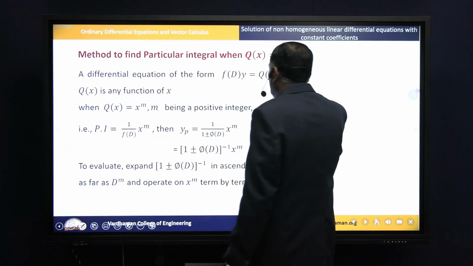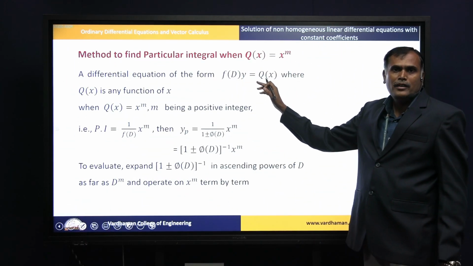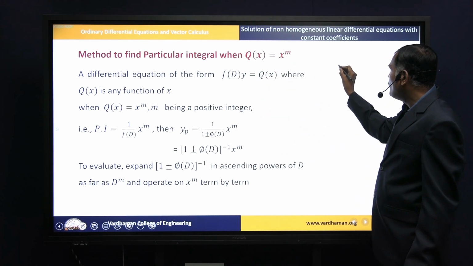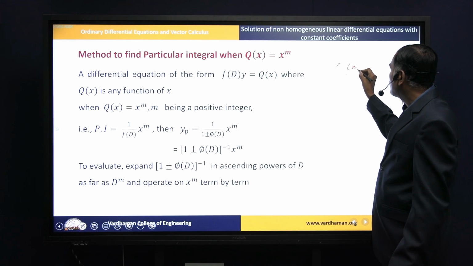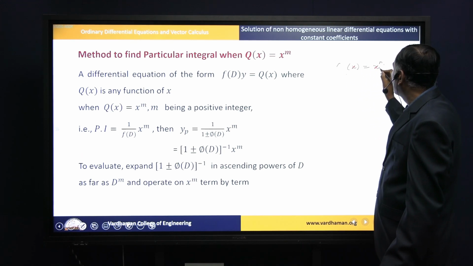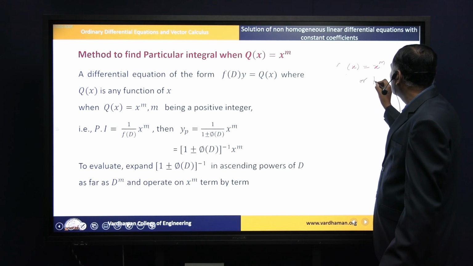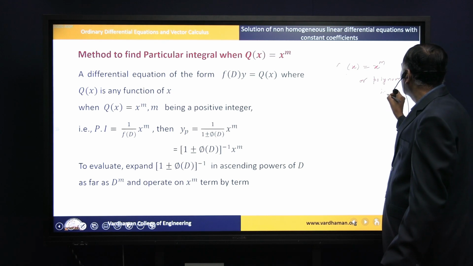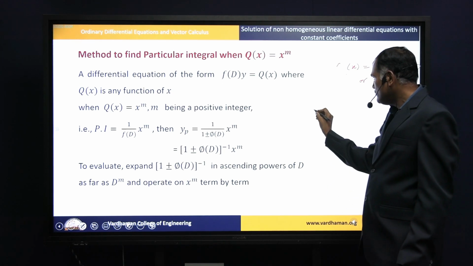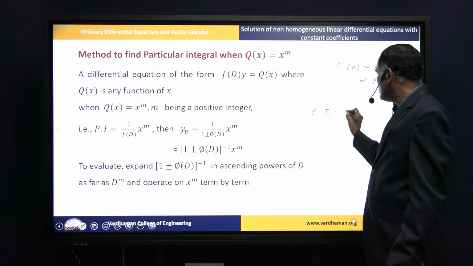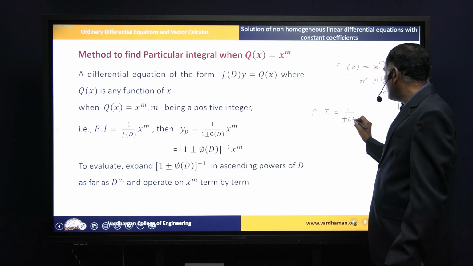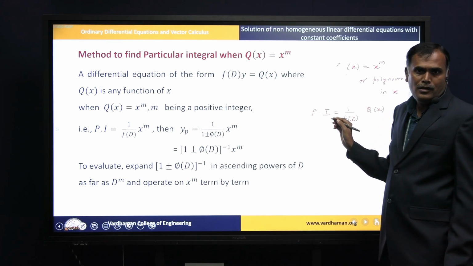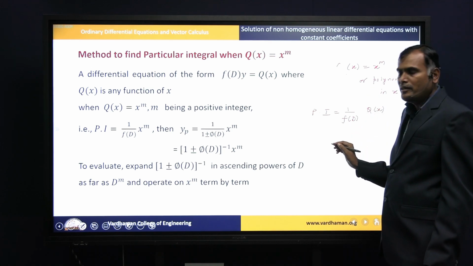When q is x power m or a polynomial in x, the method says that PI is equal to 1 by f of D into q, where q is a polynomial in x, or x power m, m a positive integer.